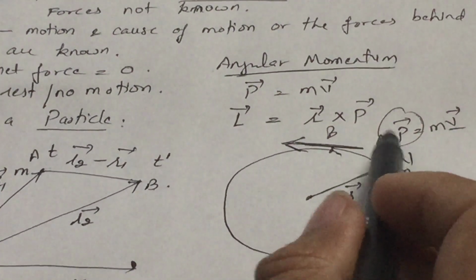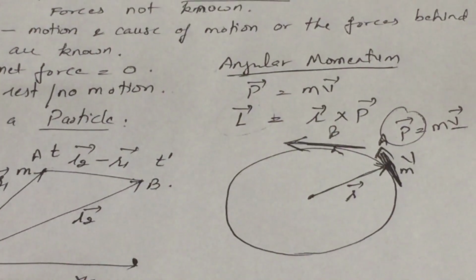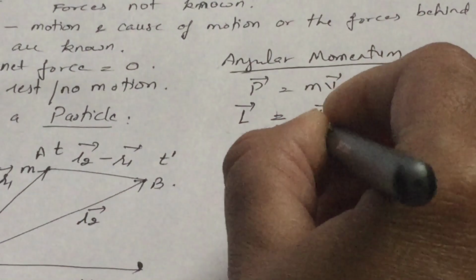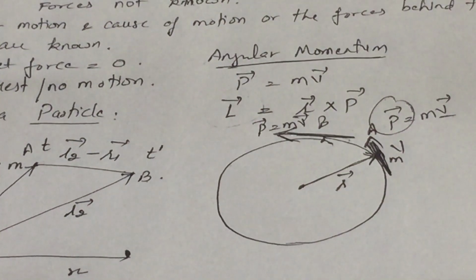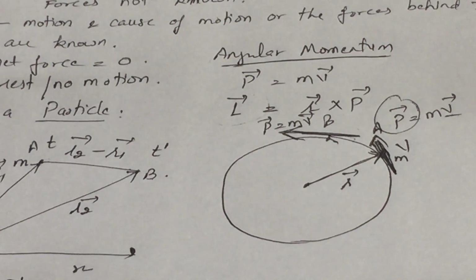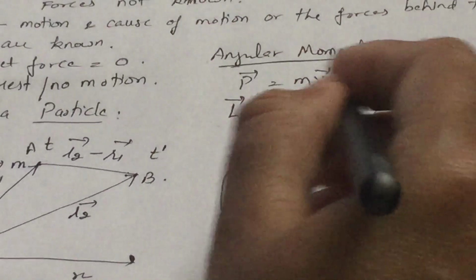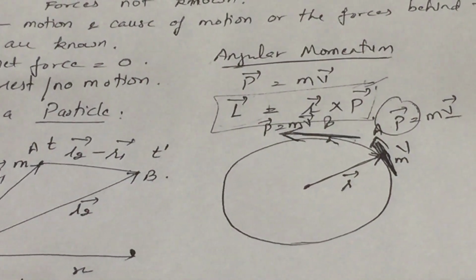The motion of this momentum is known as angular momentum. Here the momentum P becomes again m into v, but now the direction is this.